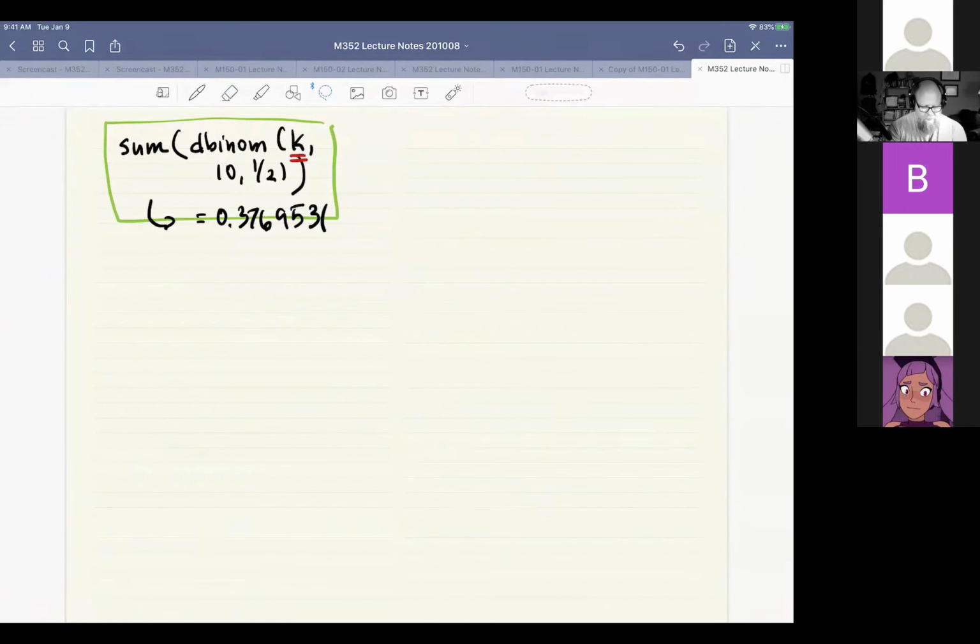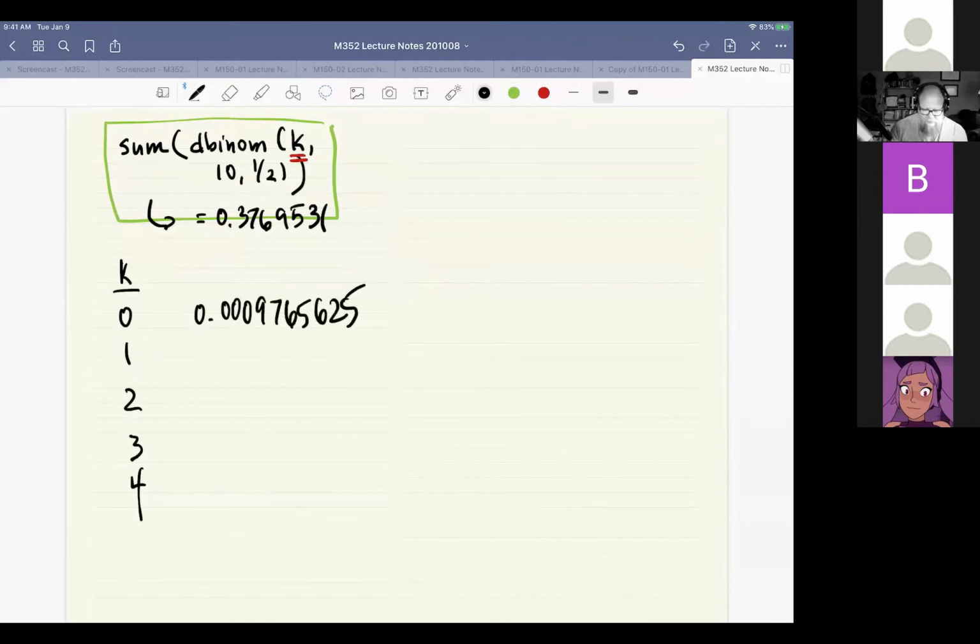So I'm going to calculate dbinom, I'm just going to use the binomial command.